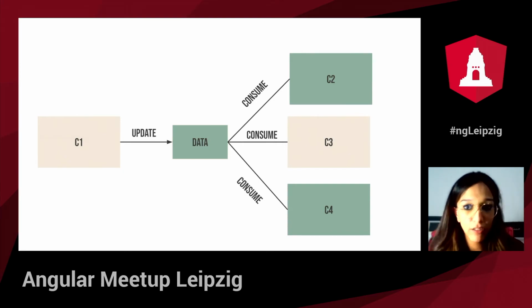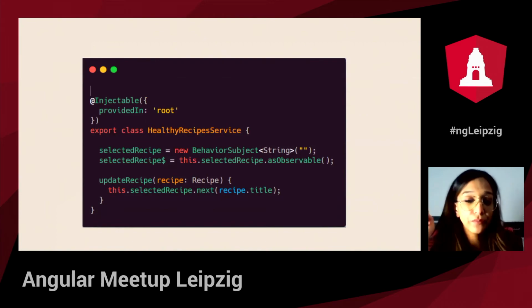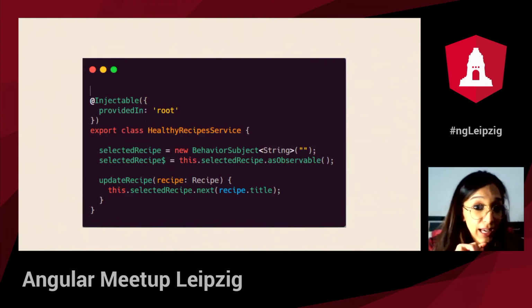You can check NgRx or any other equivalent to manage the state of your application. But if your application is not subject to state, maybe you have one kind of data to be shared with your components, you don't need state management. Then this recipe is for you. You may consider the BehaviorSubject.